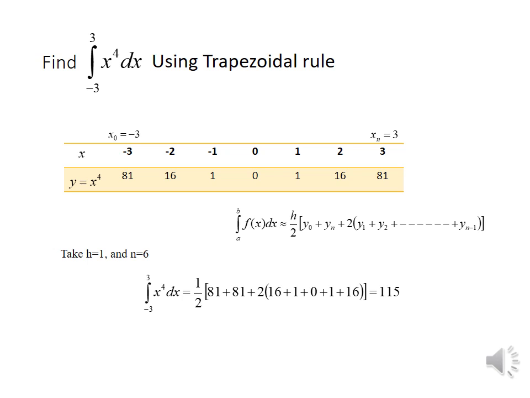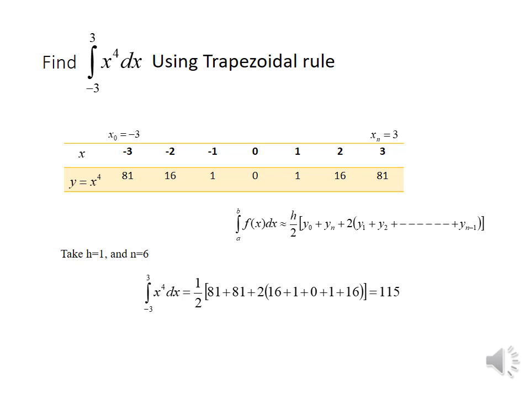But for simplicity we are taking the interval as 1. So minus 3, minus 2, minus 1, 0, 1, 2, 3. These are the values for x. Then you substitute to find y equal to x raised to 4, and you write all the values for y, and now you get y0, y1, y2, etc.